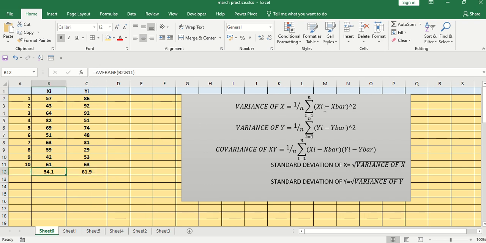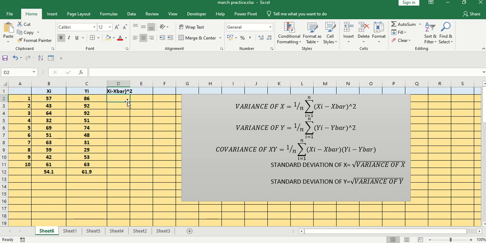So what we are going to do now is to calculate the xi minus x bar squared. So here let's write xi minus x bar, and then we are going to square it. To take xi is the value here.